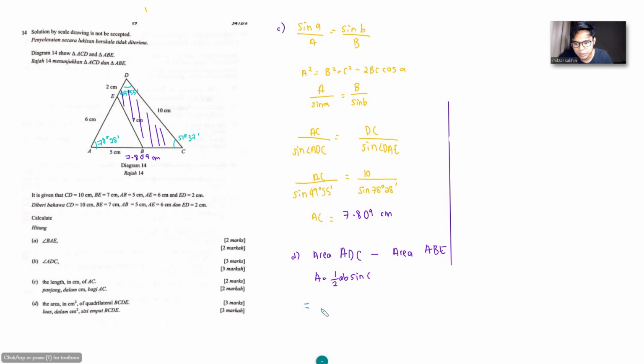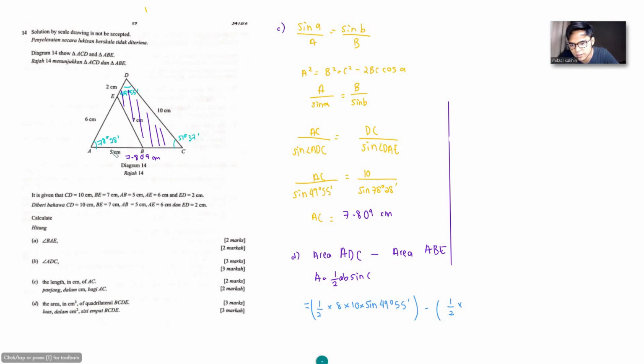The area of the quadrilateral BCDE is equivalent to 1 over 2 times 8 times 10 times sine 49 degrees 55 minutes, minus half times, since in the triangle ABE we only know the angle of EAB, so we are going to use the angle of 78 degrees 28 minutes as our angle.